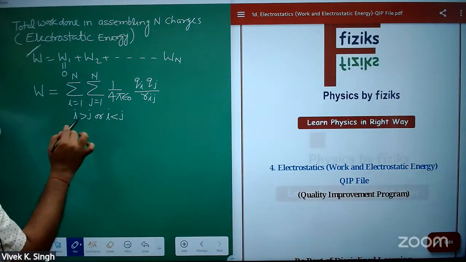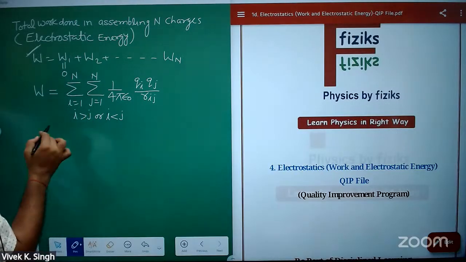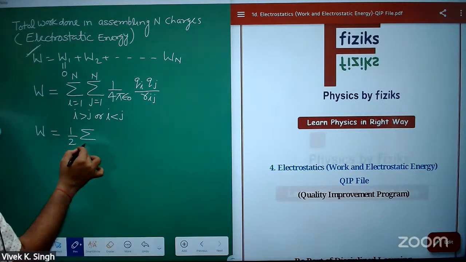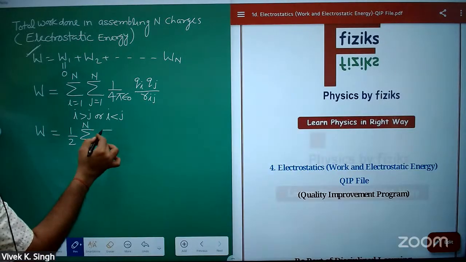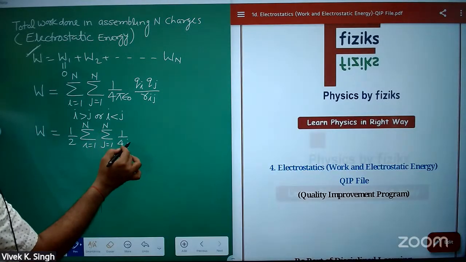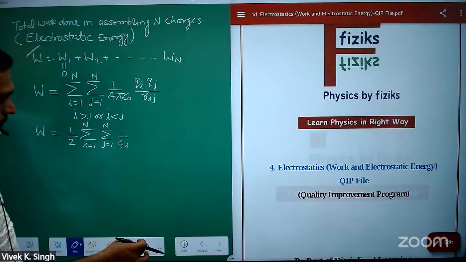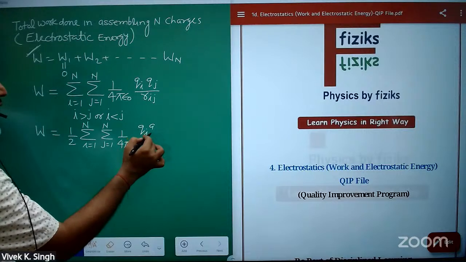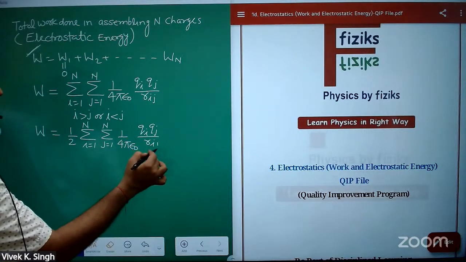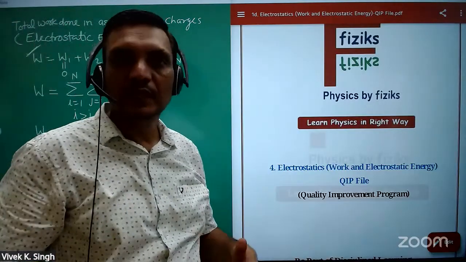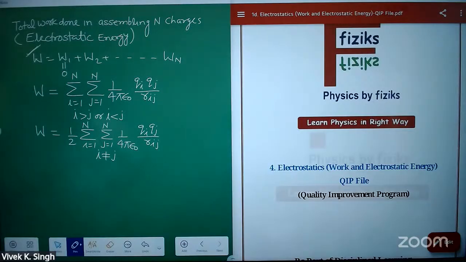But if you are considering that both pairs are allowed, then in that form you have to take the 1/2 sign. So it is 1/2, sum over i from 1 to n, j from 1 to n, 1 by 4 pi epsilon naught, Qi Qj by Rij. Here the only condition is that i is not equal to j. So this is the total work done in assembling n charges.